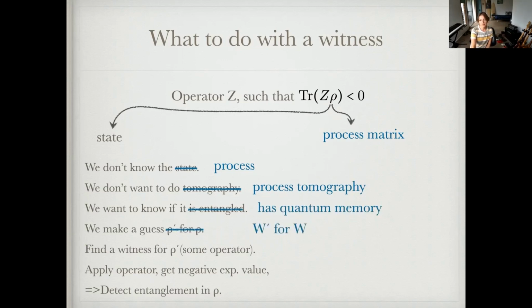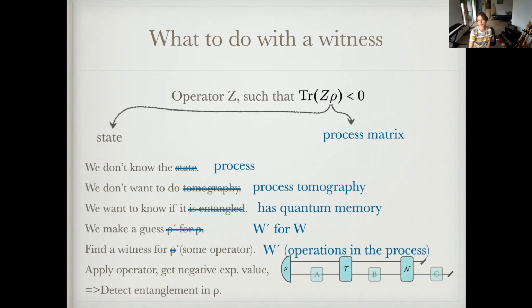So you make a guess for the original, so a W prime, and you find a witness. And a witness for W prime would be operations that you need to do in the process. So you go to your lab and you insert those measurement stations that you would have anyway to do tomography, but you don't want to do tomography.